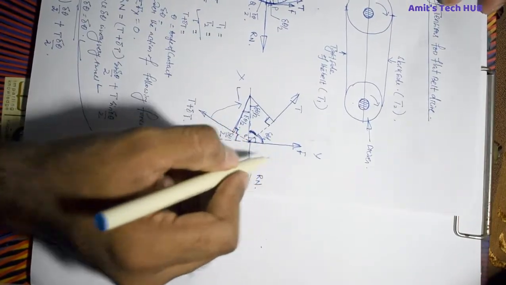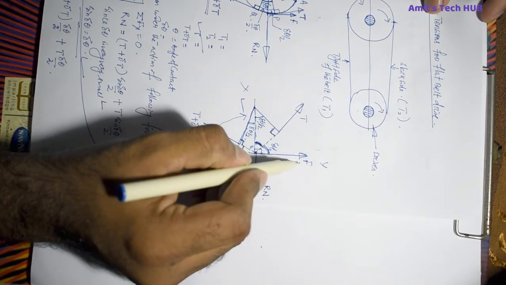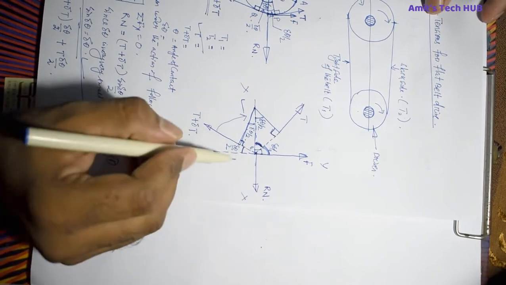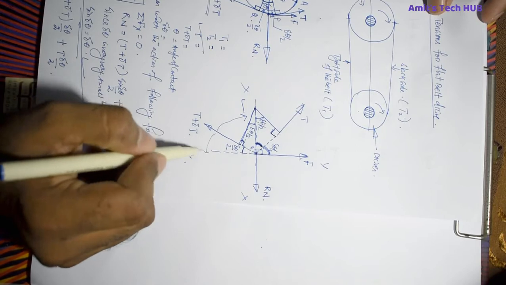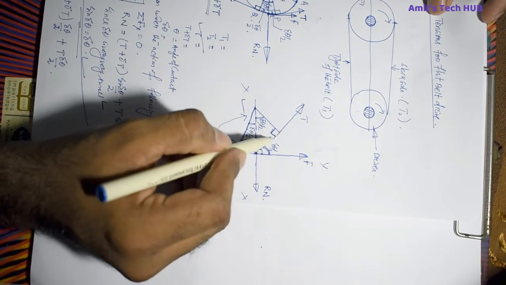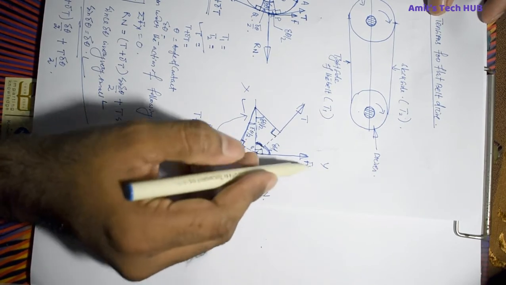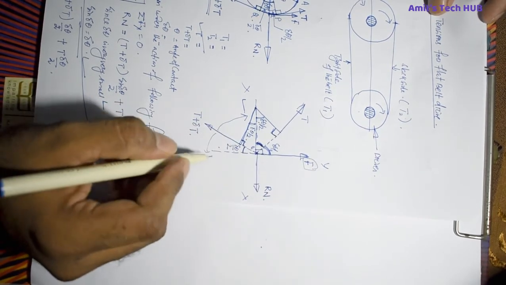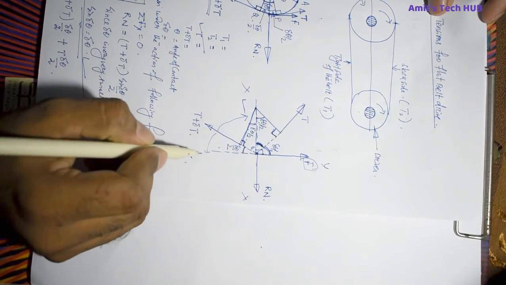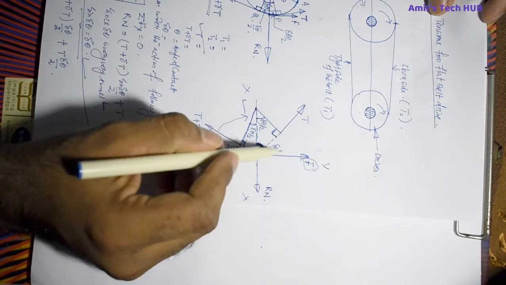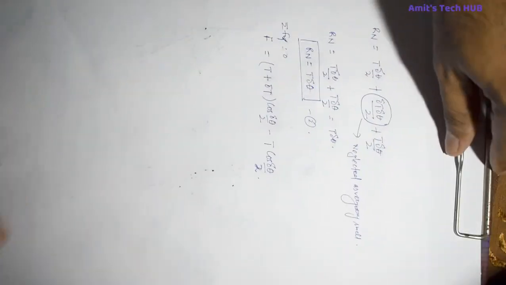If we resolve along the y direction, F is equal to T plus del T cos del theta by 2, and this one is in the same direction as F, so minus, or you can keep it on the same side as F. So F is equal to T plus del T cos del theta by 2 minus T cos del theta by 2, that I have written here.